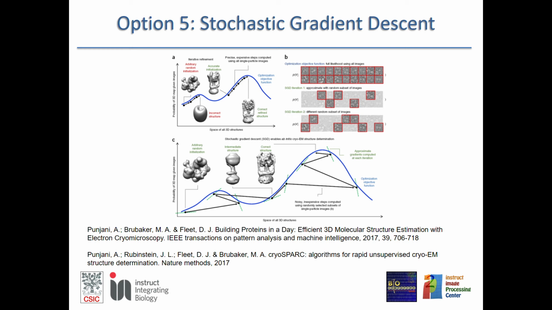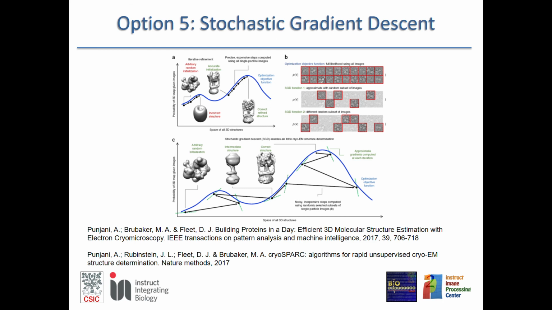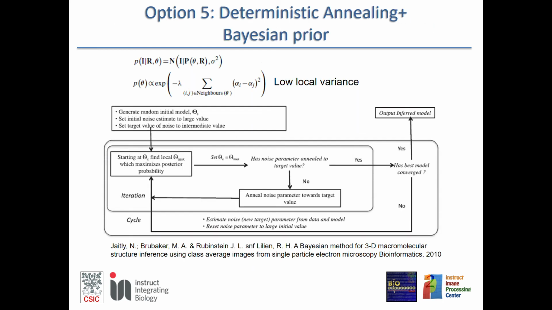But since you are changing the goal function continuously, at every iteration you have a new continuous function, so the gradient descent cannot get trapped in a local minimum, because the local minimum of the current iteration is not the local minimum of the next. And they have been very, very successful in that, and that was the idea behind CryoSpark.